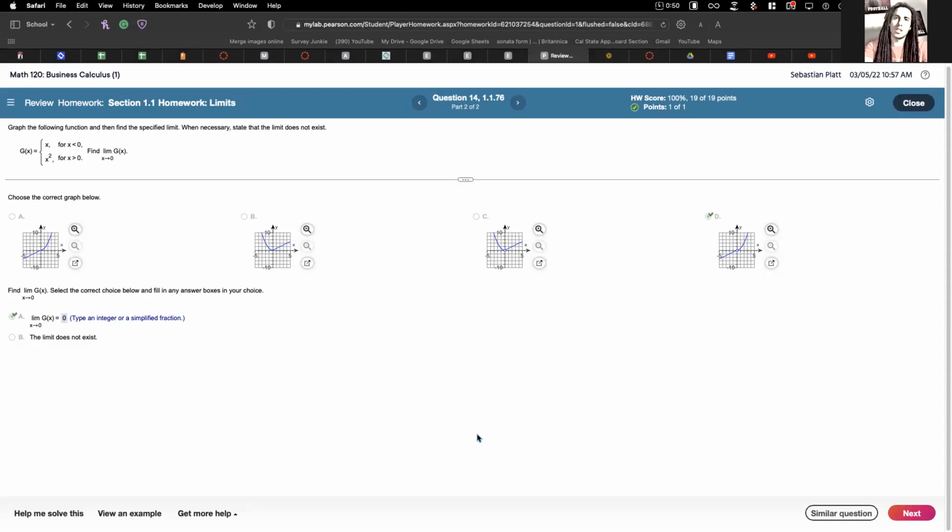When you graph x on your TI-83 or TI-84 calculator, it is going to go all across the x.